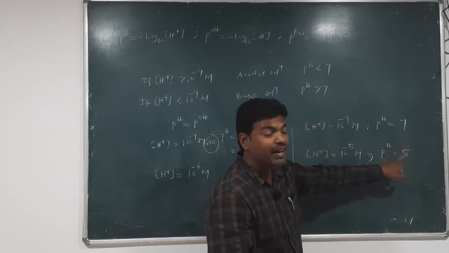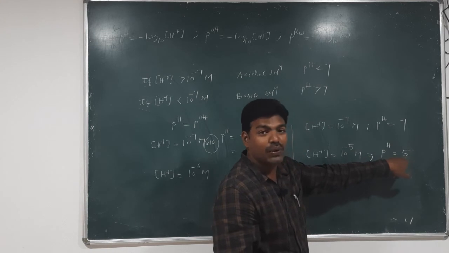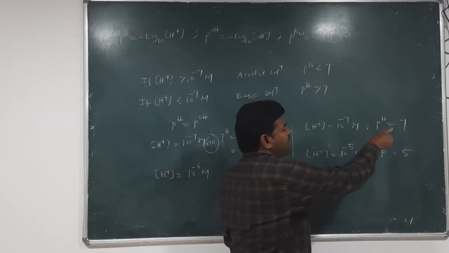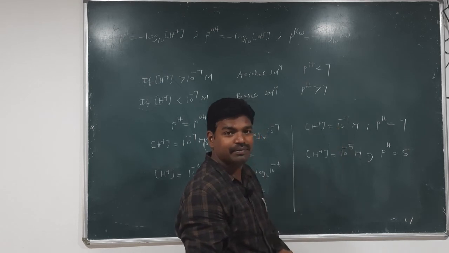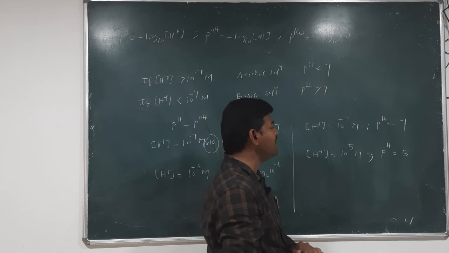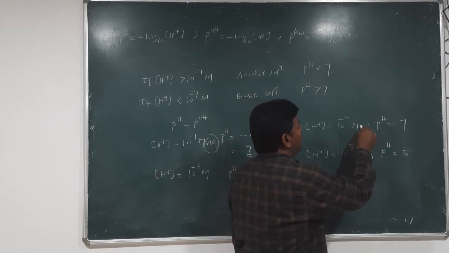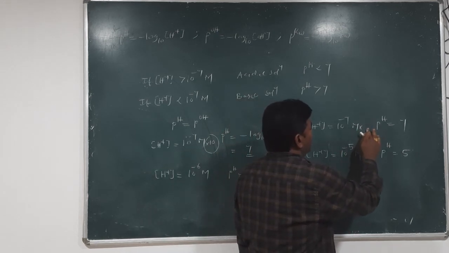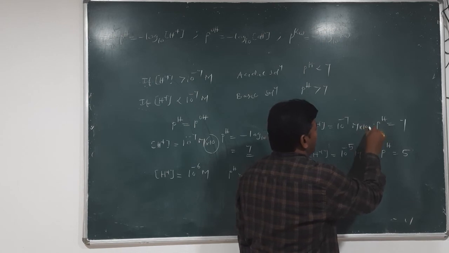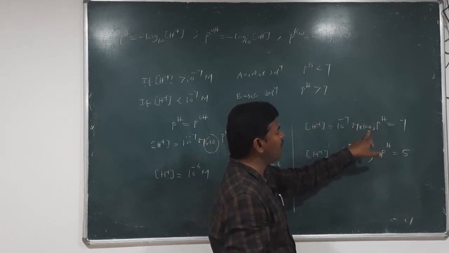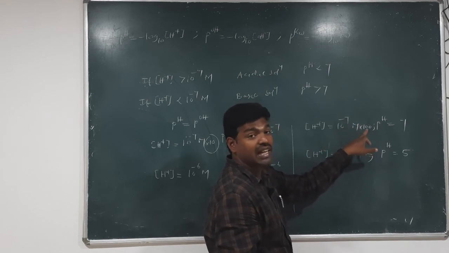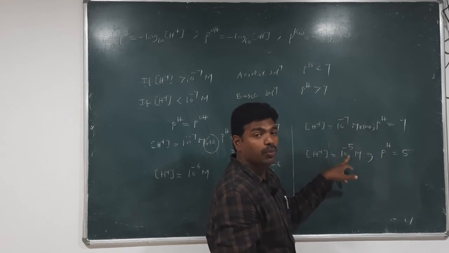So what is the change in concentration of H plus ions? If you multiply 10 to the power of minus 7 with 100, that is 10 squared. So if you multiply this 10 to the power of minus 7 with 10 squared, that gives 10 to the power of minus 5.